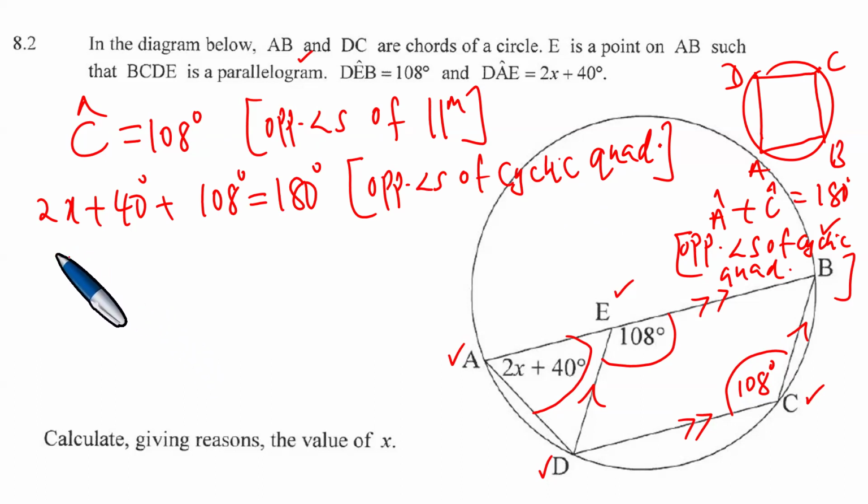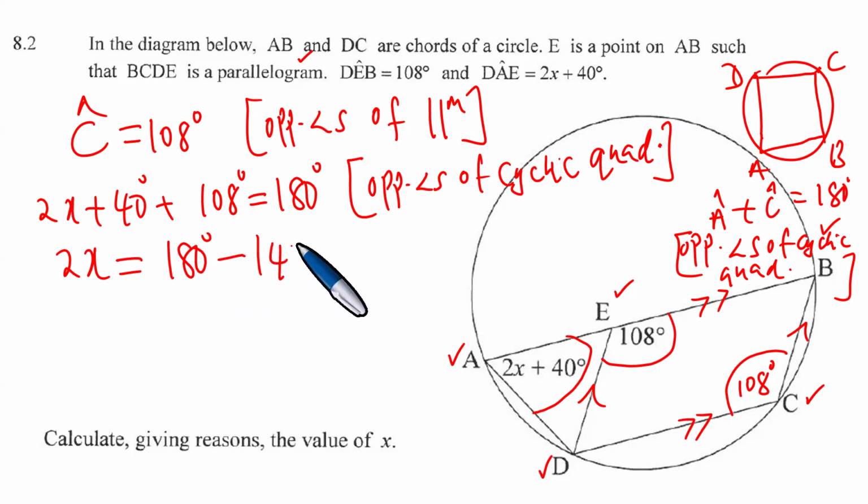Okay, what is this here? 2x equals 180 degrees minus 40 plus 108 degrees, which together give us 148 degrees. If you subtract these two, what do you get? You get 32 degrees.